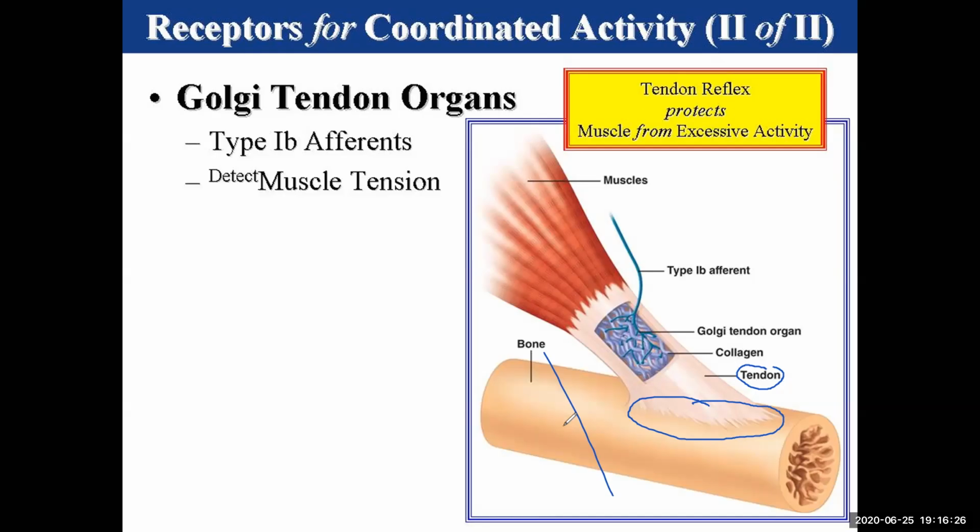So to prevent any tissue injury, whether a tendon tear or a bone fracture, this Golgi tendon organ will inhibit the reflex arc that, under normal circumstances, will contract in response to any excessive muscle stretch. So it detects the muscle tension and prevents excessive activity, preventing tissue injury at that particular connection between the muscle and the bone.